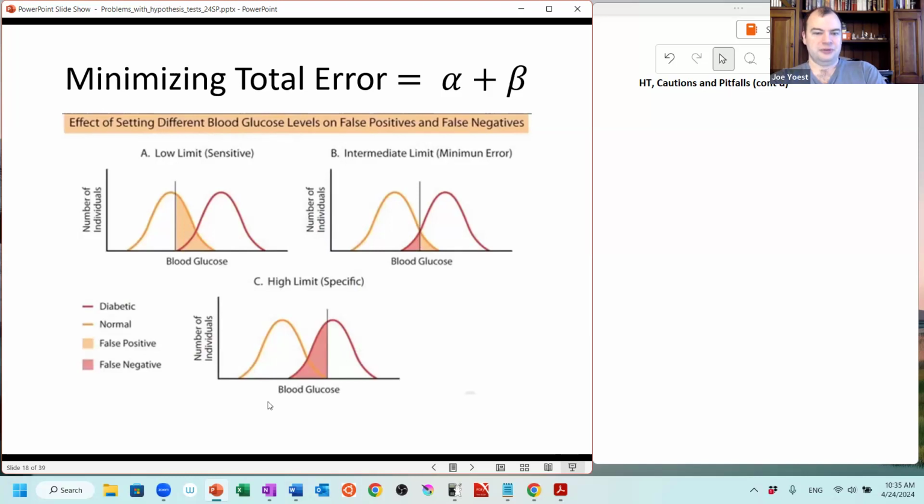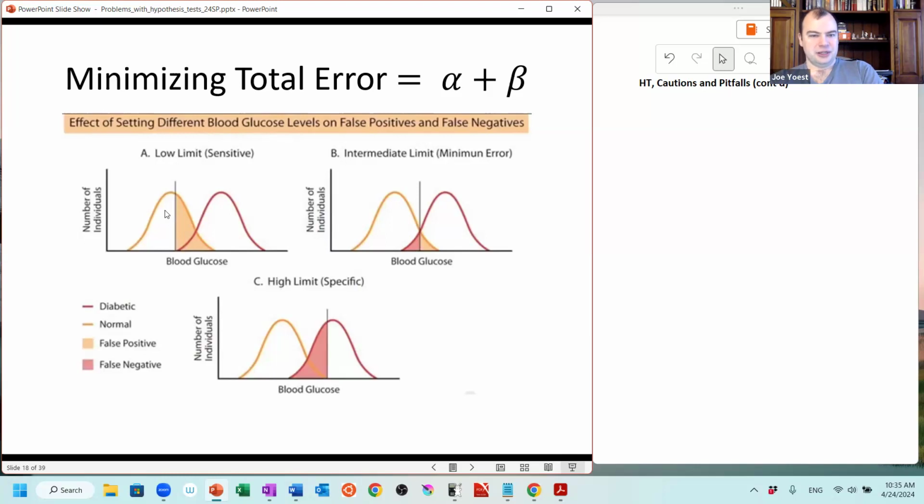On the other extreme, if we set the bar very high, we call almost no normal people diabetic. So we make almost no errors in that direction, but we also miss a lot of diabetics. We're telling a lot of diabetics that they're non-diabetic.